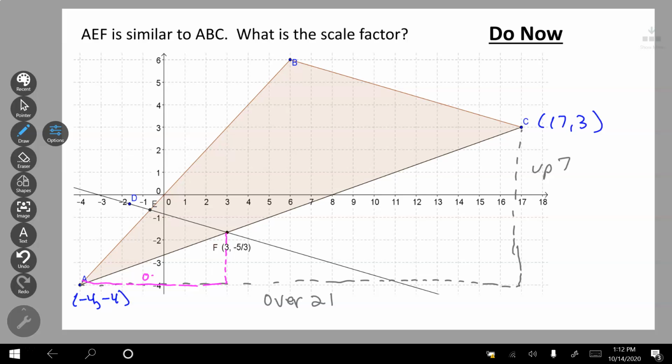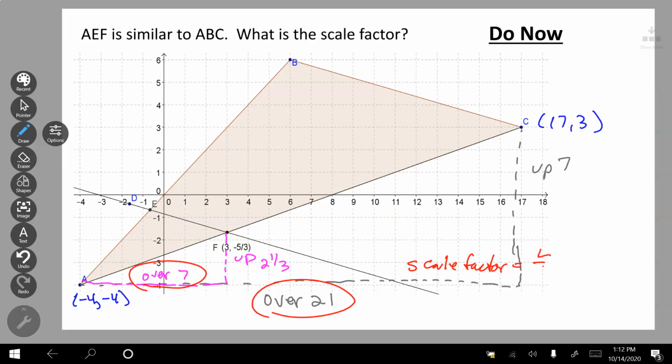This one is definitely over 7, and it's up, I don't know, there's a fraction involved. It's like 2 1/3 or something like that. I might not use that one. I'm not a big fan of that one. But one thing I do have, I have a nice one side is over 7, the other side is over 21, so I can set up a scale factor.